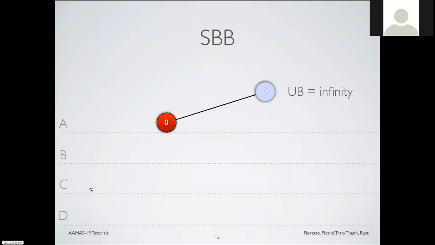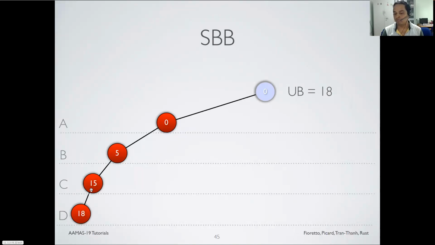So again, now the upper bound becomes 18. Can anybody say why the upper bound becomes 18? Because the maximum cost is 18. So from infinite, it has been reduced to 18.